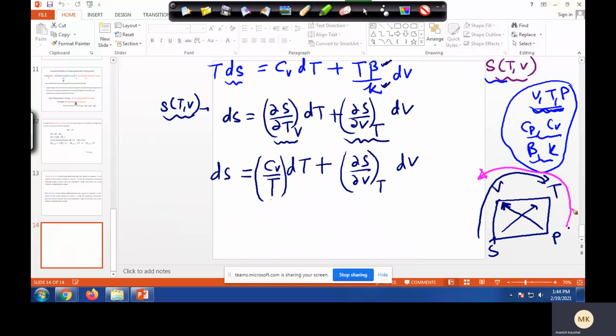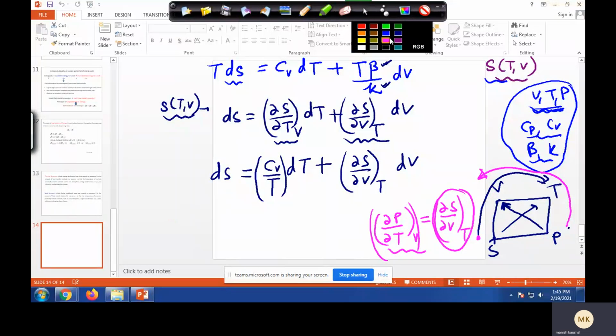Ultimately, these are the relations we have derived. So what will this give us? If we start from P, ∂P/∂T at constant V. Then take a pause. Come here to next variable S. Then move back. ∂S/∂V at constant T. What about sign? P arrow is going away, right? So plus sign, no problem. S arrow is going away, plus sign. So we can replace ∂S/∂V at constant T with this using Maxwell relation.